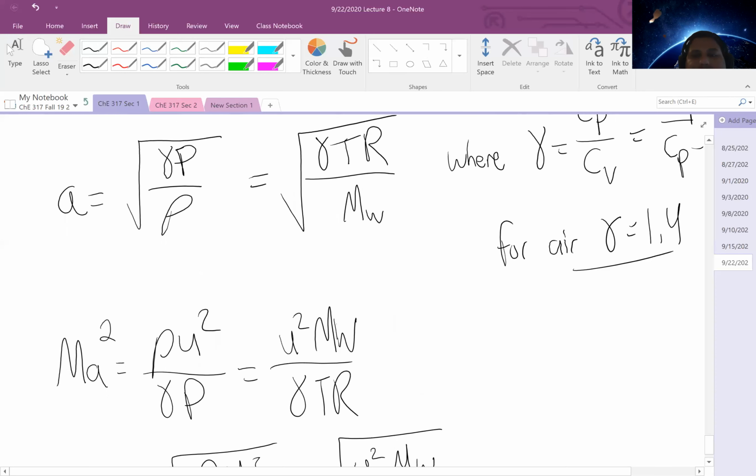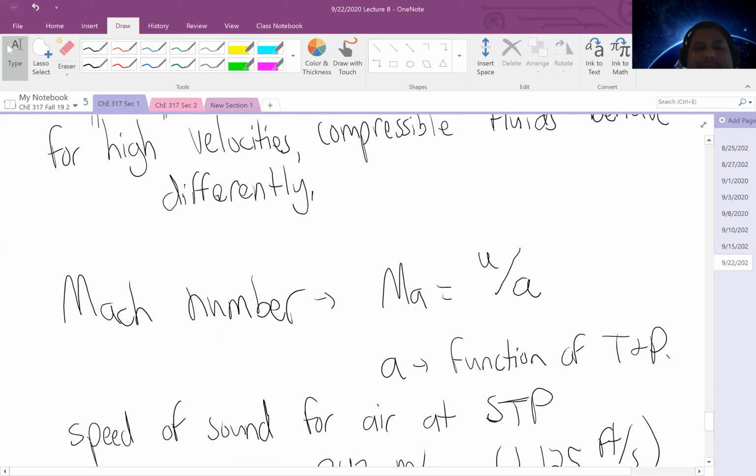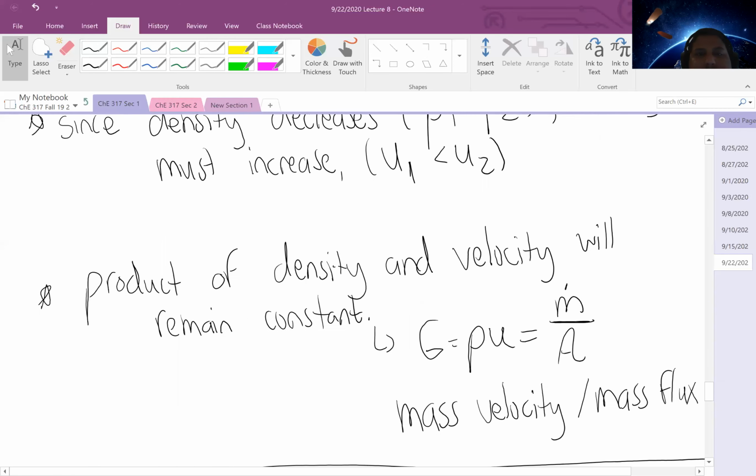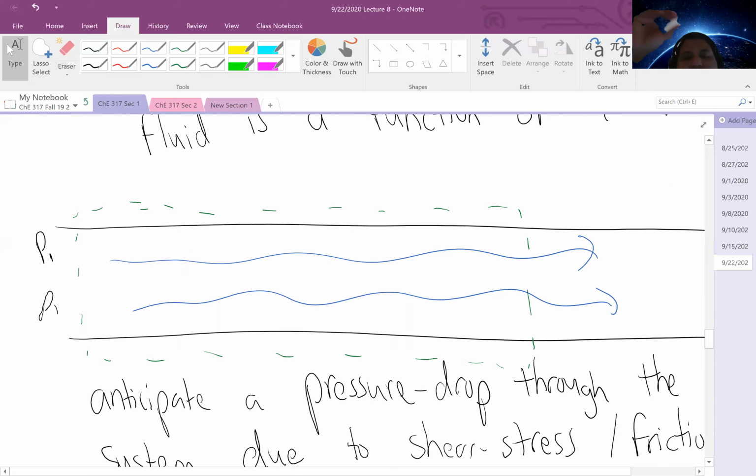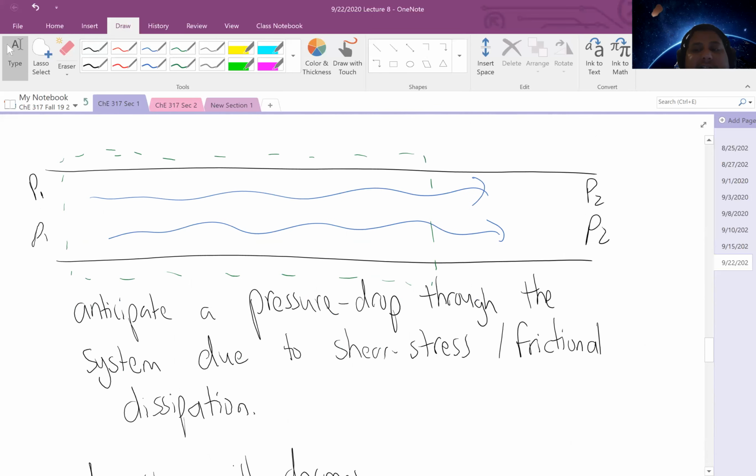And so doing a quick recap, and then I'll break for some question and discussion. When we're looking at compressible flow, shear stress and frictional dissipation results in an expected pressure drop of our fluid.